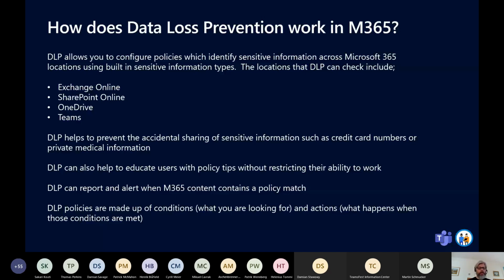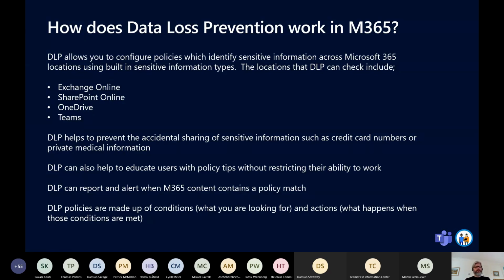With DLP, there's a lot of rich information that you can get in the form of reports and alerts whenever any M365 content within your organization contains a policy match. So when that happens within the security and compliance centers within Microsoft 365, which we will take a look at, and the compliance center, you can drill down and have a look at a lot of alerting, get a lot of reports, auditing, and see what's going on in your organization in relation to data loss prevention.